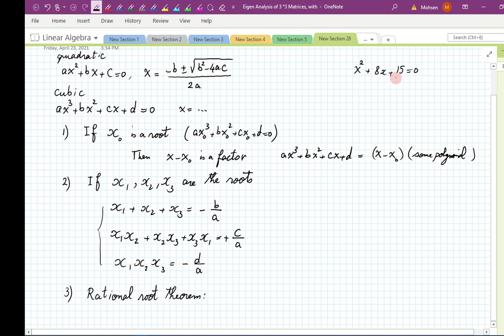Well, there are smart ways of guessing the roots as opposed to willy-nilly picking a number and seeing if that's a root or not. Rational root theorem gives you a tool to intelligently choose numbers that you're going to try for a right fit.